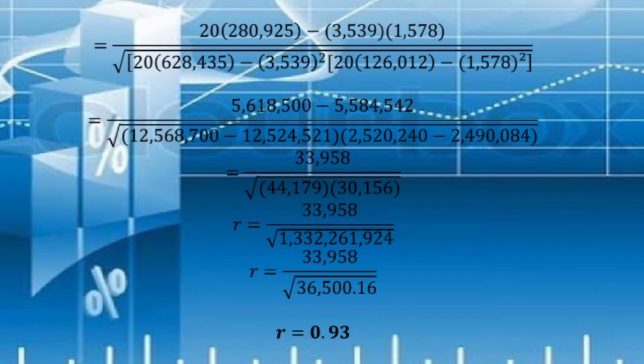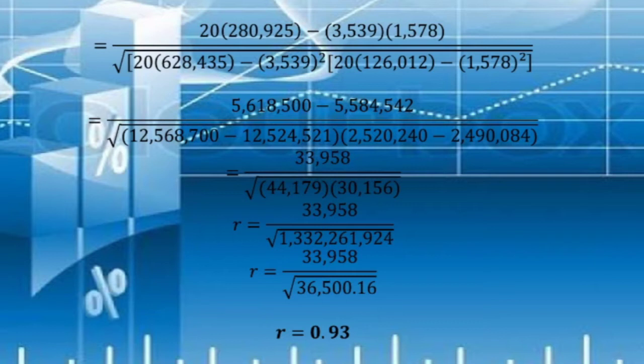Next, r equals 20 times 280,925 equals 5,618,500. Then copy minus.